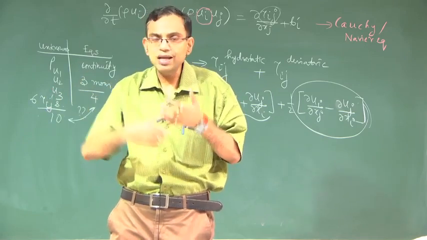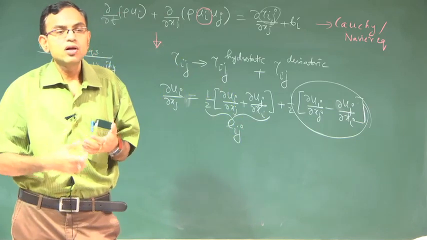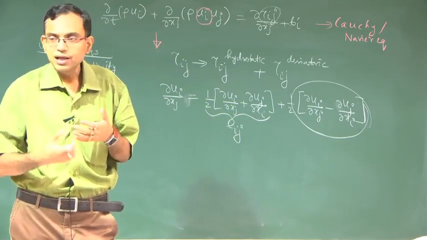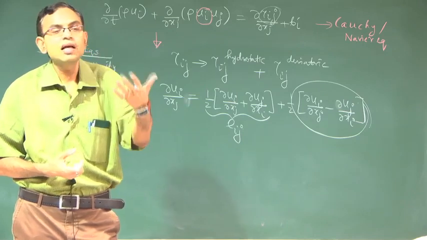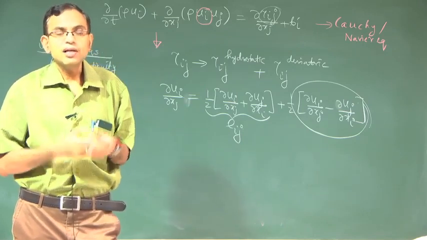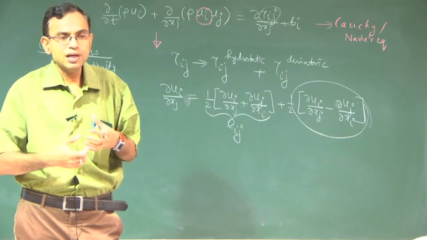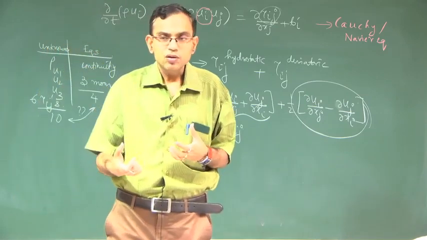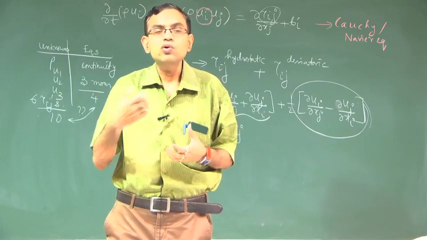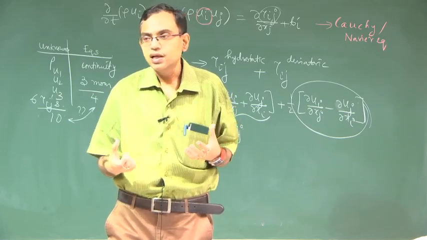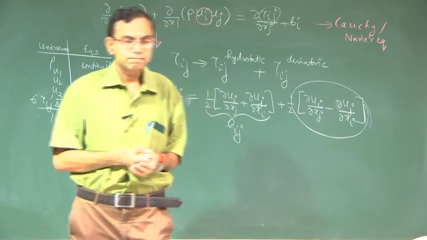If it is non-linear, it is called a non-Newtonian fluid, where the stress and the rate of deformation are not linearly related. If the stress and rate of deformation are linearly proportional, then this is called a Newtonian fluid, because this is Newton's law of viscosity.